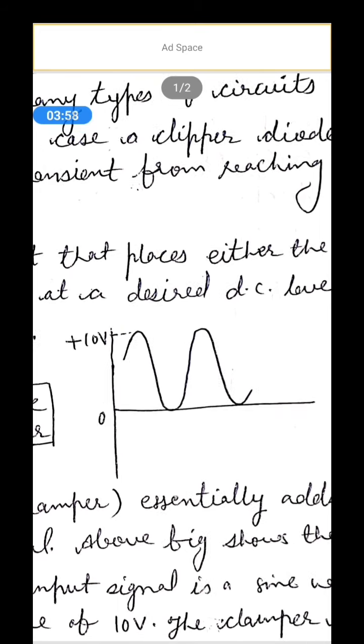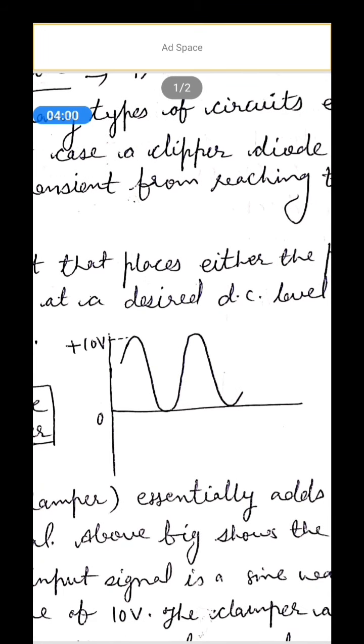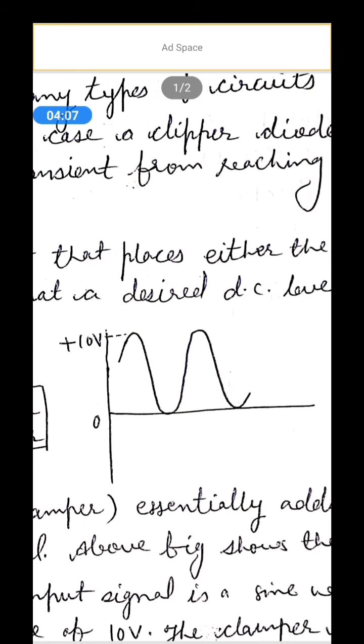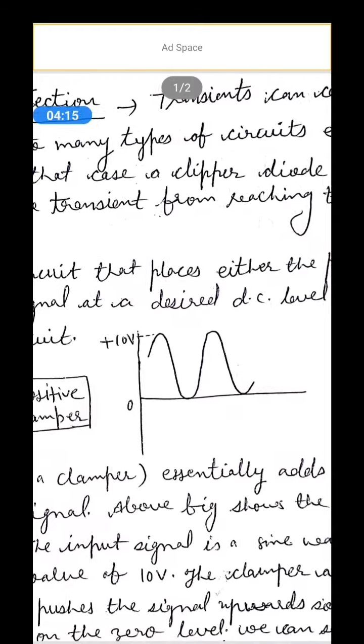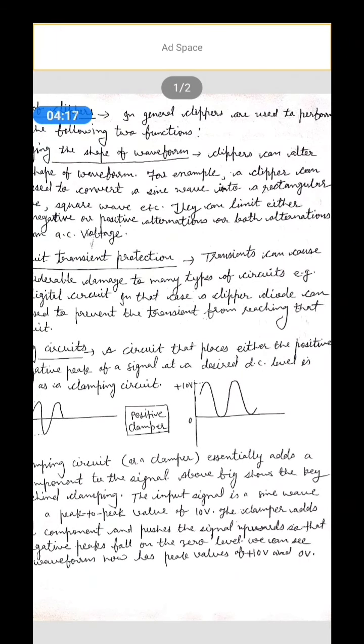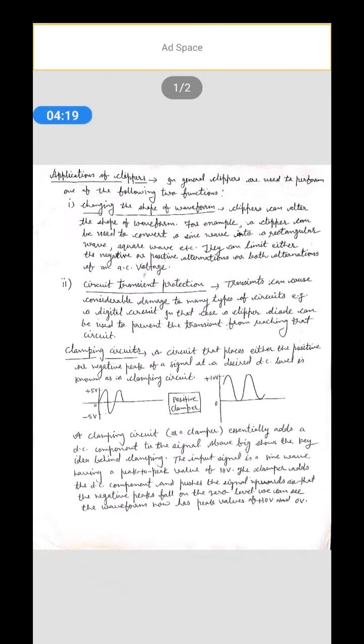This is the output waveform and we can see that here the peak values are 0 volt and plus 10 volt. And again the peak to peak value is equal to 10 volt.